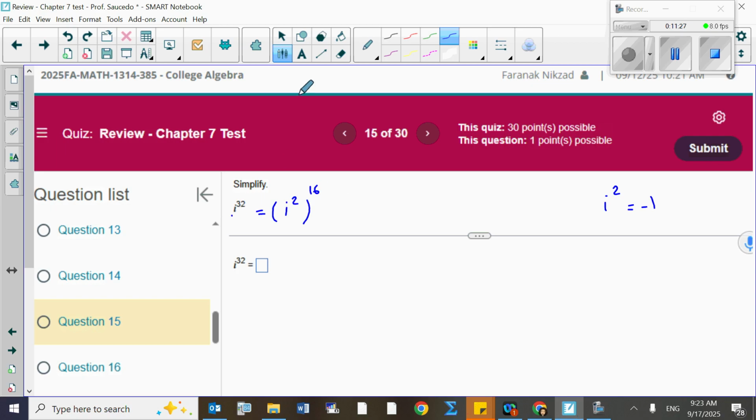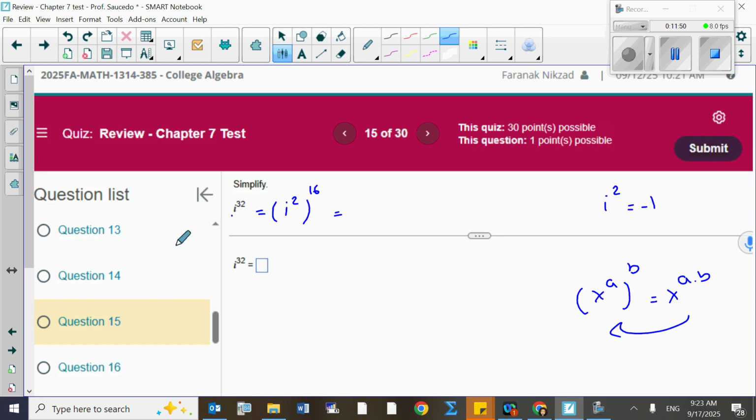Because if you have a power of a power, like for example, x to the power of a to the power of b, you're going to multiply the powers. So this is a times b. So I can go the other way. i to the power of 2 times 16 is i to the power of 32.